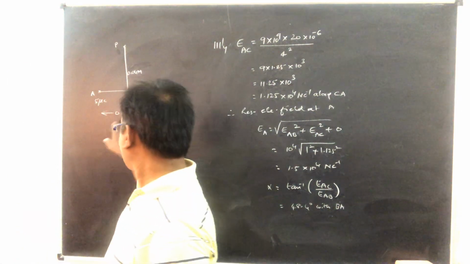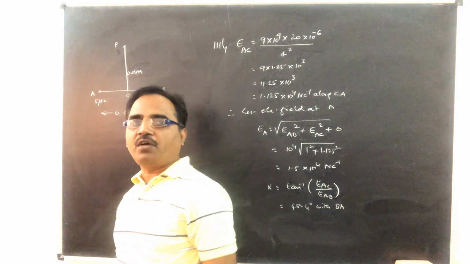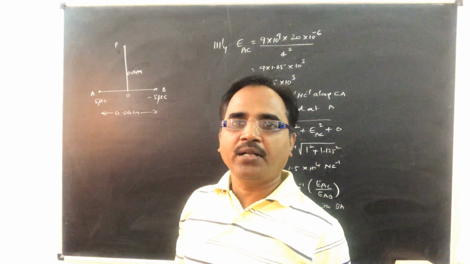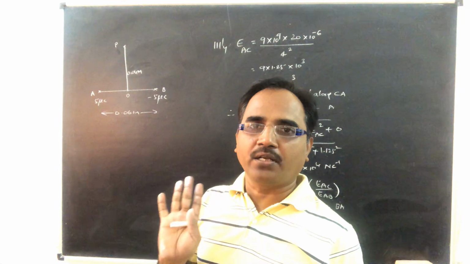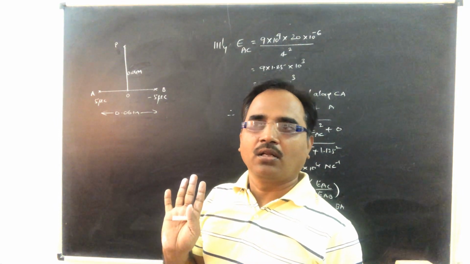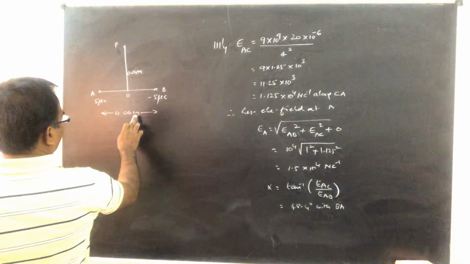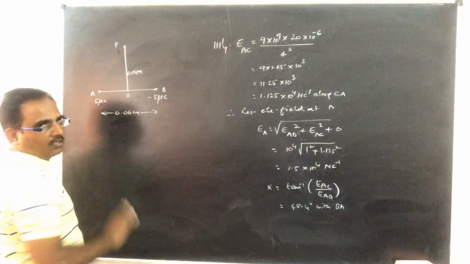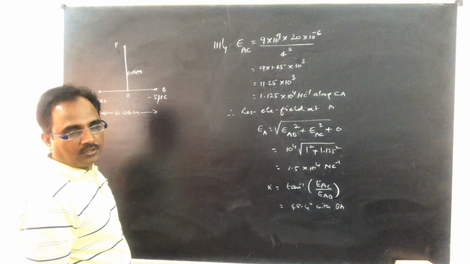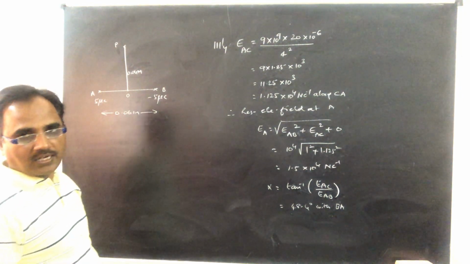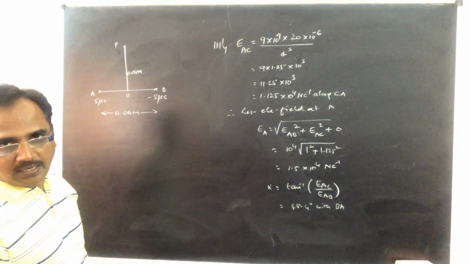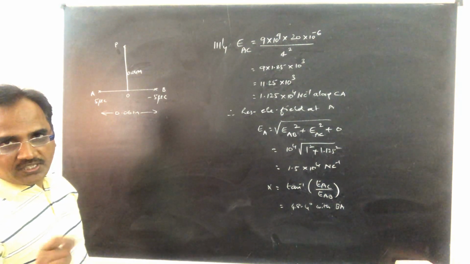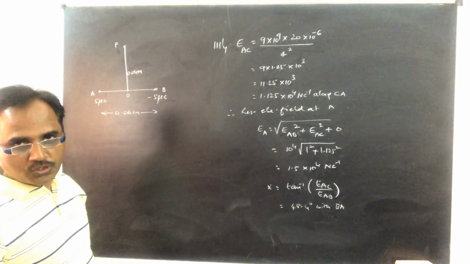Small distance in the sense, this distance should be of the order of nanometer or at the maximum micrometer. So here this is not in terms of nanometer or micrometer, so therefore this system does not form a dipole. That is why you should not use the formula for electric field on the equatorial line of a dipole. So instead of that, you have to follow the conventional procedure.